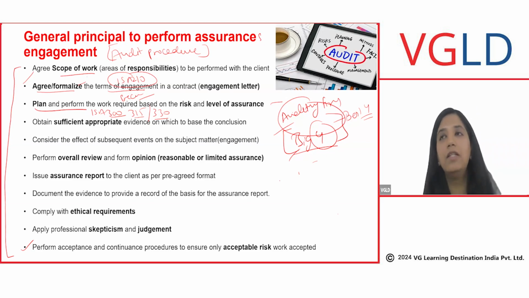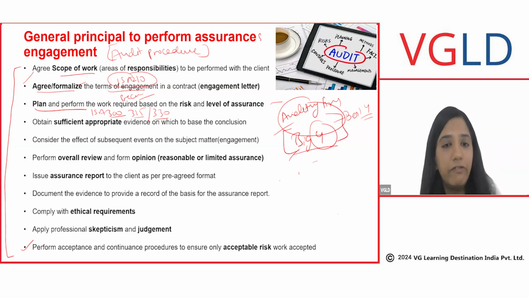Then comes the field work. Say, for example, you have a team of 5 to 6 people. They will go to the client's place and start doing their work. They will observe things, interact with the client, take up interviews, do vouching, verification, perform substantive procedures and tests of details, and then gather evidence, document the evidence, and make working papers.